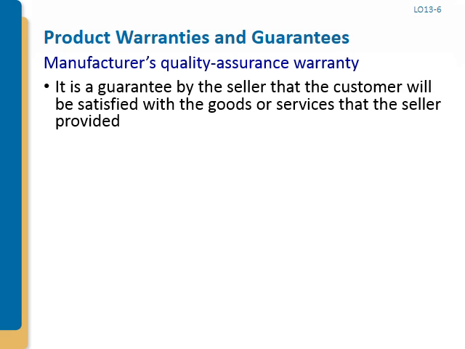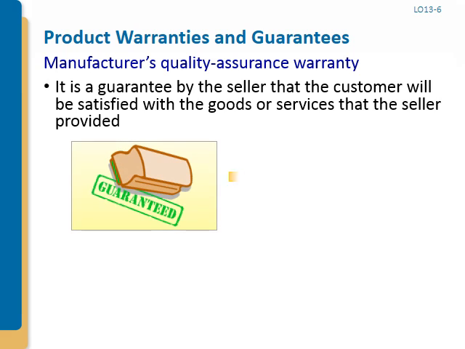A quality assurance warranty is a common form of contingent liability. It is a guarantee by the seller that the customer will be satisfied with the goods or services that the seller provided. Why do sellers offer quality assurance warranties? To boost sales.